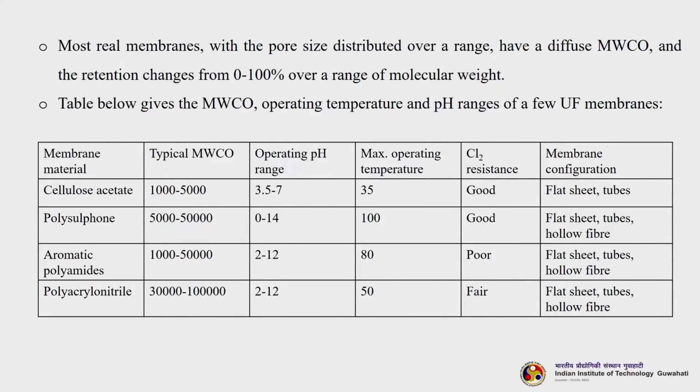Most commercial membranes are diffuse cutoff membranes, and retention is from 0 to 100% over different molecular weights. This table gives us membrane materials, typical molecular weight cutoff, operating pH range, maximum operating temperature recommended by the manufacturer, chlorine resistance, and membrane configuration. For example, polysulfone has very good chlorine resistance, and it can be used to make flat sheet membranes, tubular membranes, as well as hollow fiber membranes.